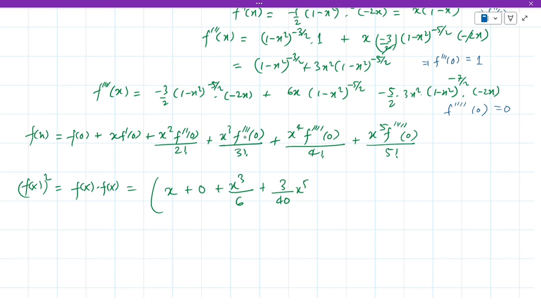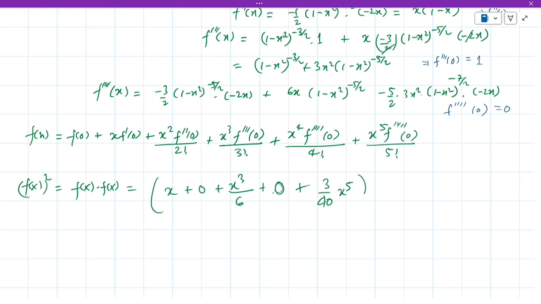So 3 by 40 x to the power 5, because the x to the power 4 term was 0 already, as I said. x to the power 4 into the fourth derivative was 0, so it will be 0. This will be your simplification.